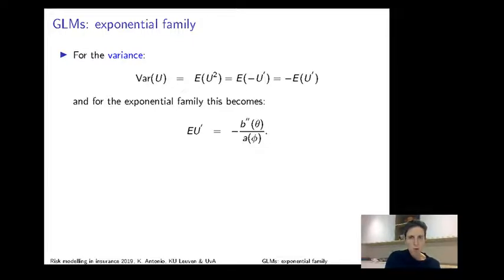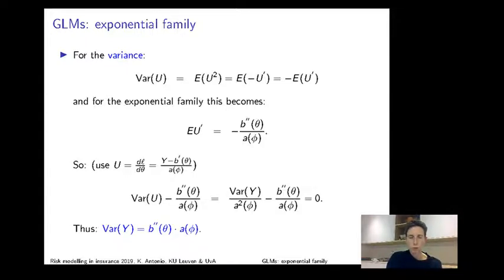The expression for the expected value of U prime, the derivative of U, then follows quite easily. Now, combining this expression with the expression printed at the top of the sheet, you see that the variance of U minus the ratio of the second order derivative of b and the function a evaluated in phi, this must be 0.